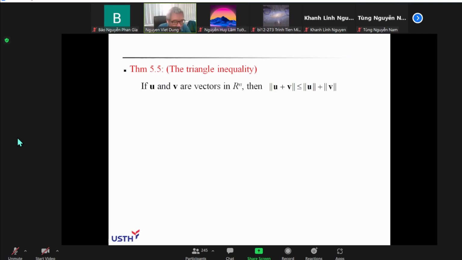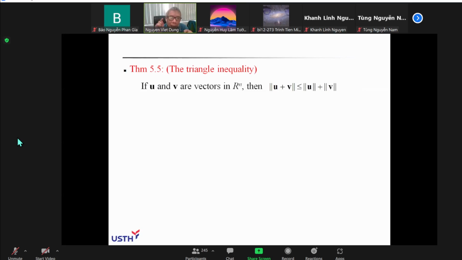If you look at the plane, and u and v are two vectors on the plane, you are given two vectors u and v, you can always put them continuously. The vector v continues from the vector u. Then you have something like that. Then u plus v will be the other side of the triangle formed by the two vectors.